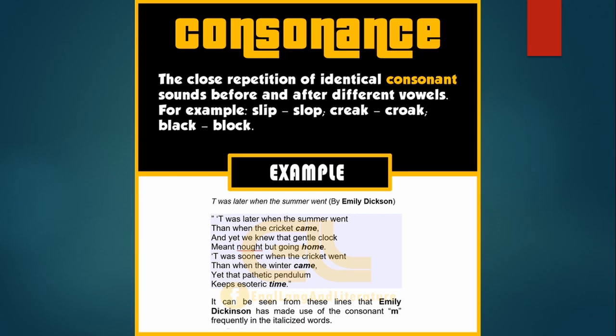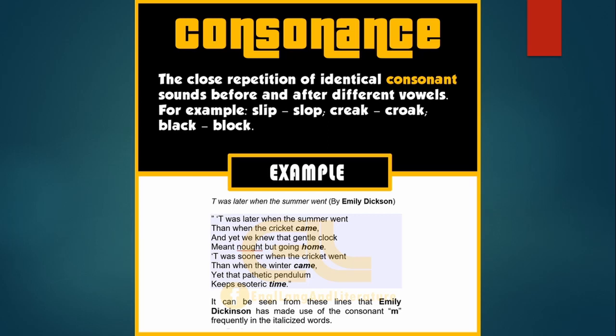So, in slip, slope, there's a repetition of the S sound in the beginning, and there is the repetition of the P sound at the end of the word. In creak, croak, there is a repetition of the k sound at the beginning, and also at the end.